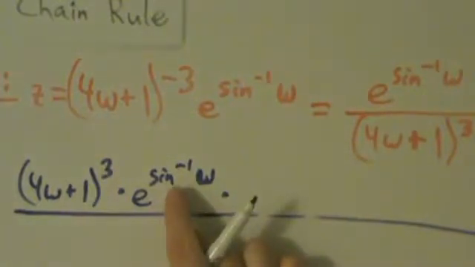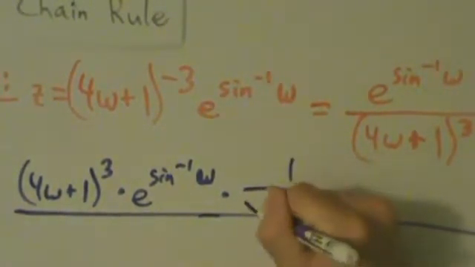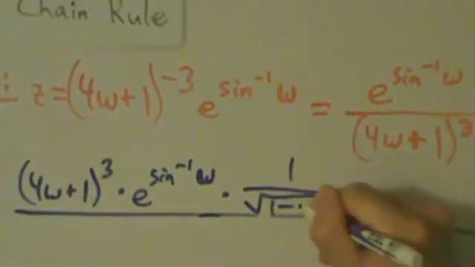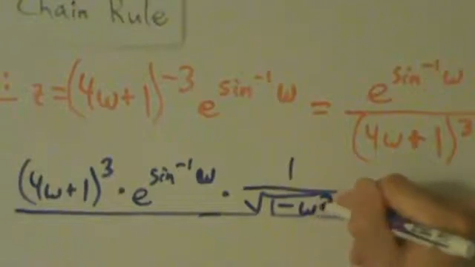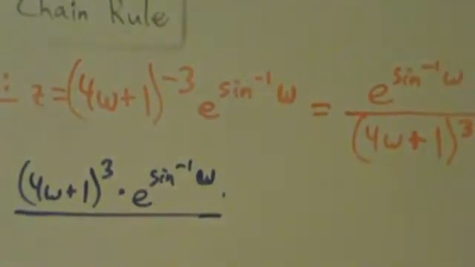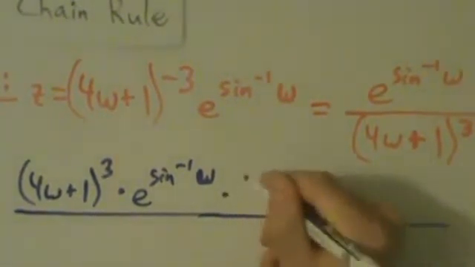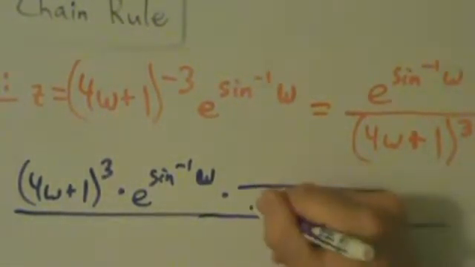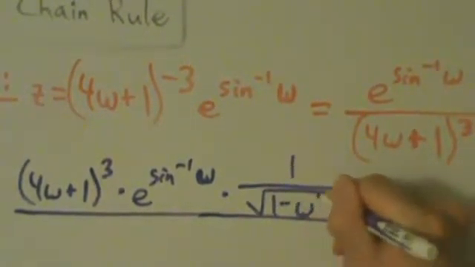And that thing in this case is inverse sine of w, so the derivative is 1 over the square root of 1 minus w squared. Alright, so everything is kind of squished in here, so let's give ourselves some more room to work with. Times 1 over the square root of 1 minus w squared.